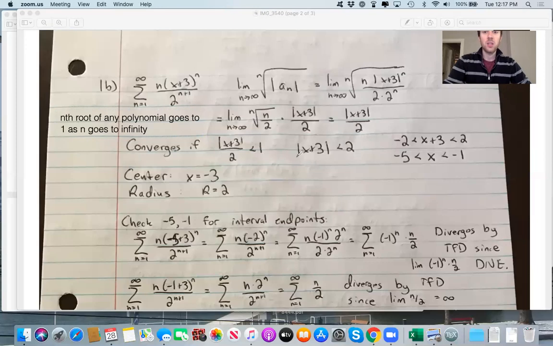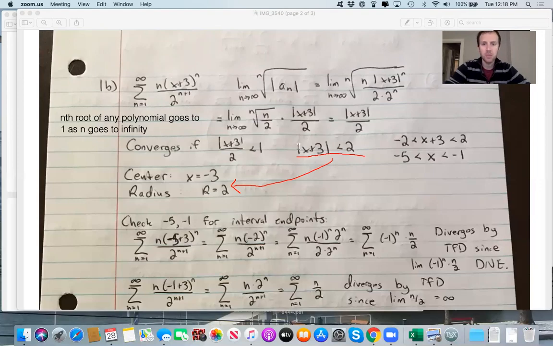At some point, you're going to get the absolute value of x plus or minus something less than a number. That is where the radius comes from. Whenever you get to this point in the inequality, that tells you the radius. And it does need to be just an x here.